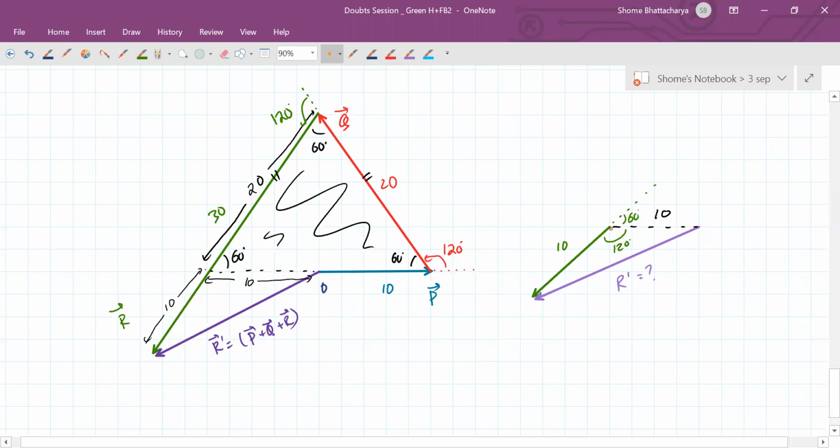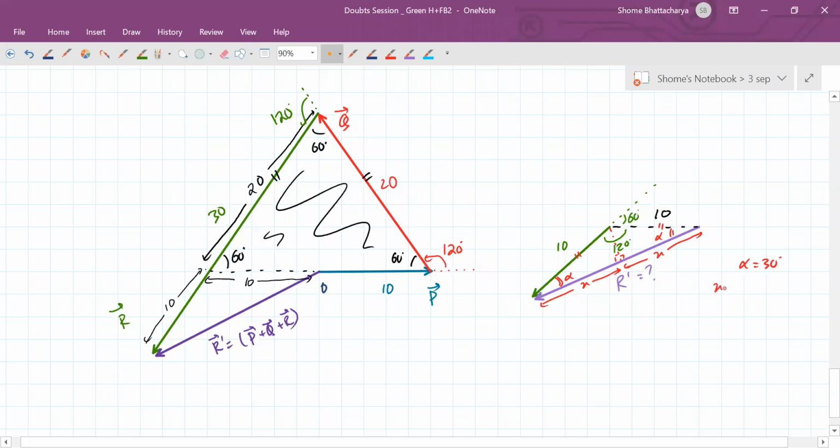Okay. So to find that out is very simple. What you do here is, this is an isosceles triangle. This side is equal to this side. And this exterior angle is 60. So this angle is equal to this angle. So alpha is 30 degrees. And then you drop this perpendicular and take this as x. So this is also x on this side. They are congruent triangles. Okay.